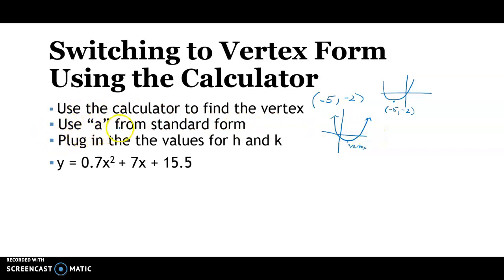Next it says use a from the standard form. So a is this first coefficient, so this number right here is my a. And then it says plug in the values for h and k. So in order to do that, we really need to know what is vertex form. Vertex form of a parabola is the equation where we have a, x minus h, that quantity is squared, and then plus k.